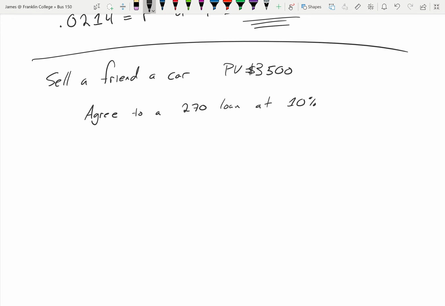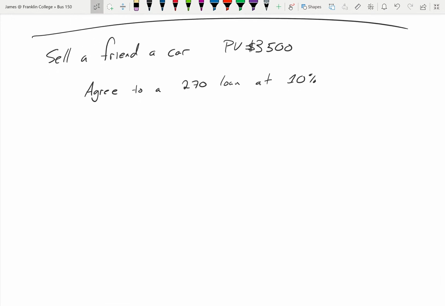So you make this agreement with your friend that you're going to give them a loan for $3,500. They're going to pay you back 270 days from now at an annual interest rate of 10%. Now, 60 days into the loan, you get fed up. You want to go buy a TV or something, and you want to sell this loan that you have to somebody else, so that somebody else can collect on this loan that your friend is going to repay.